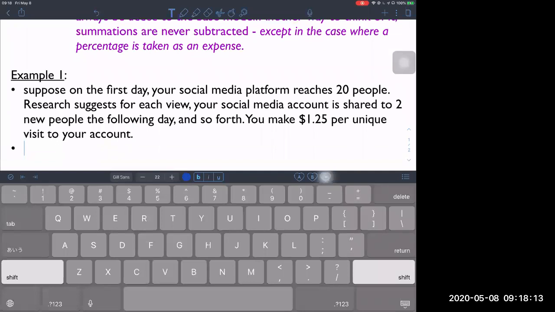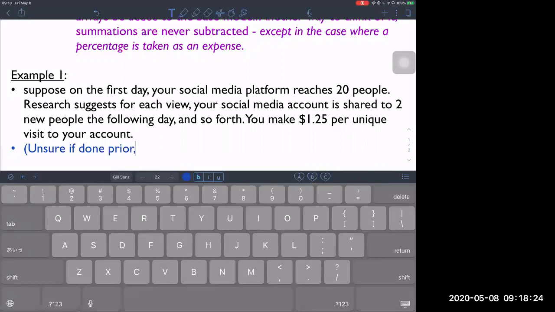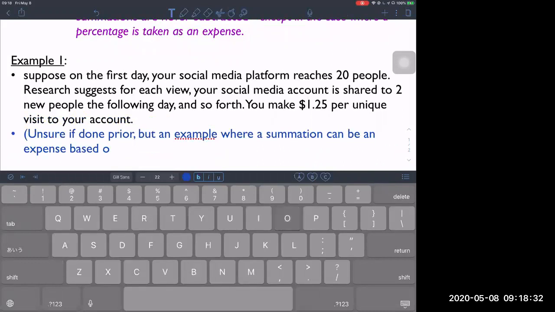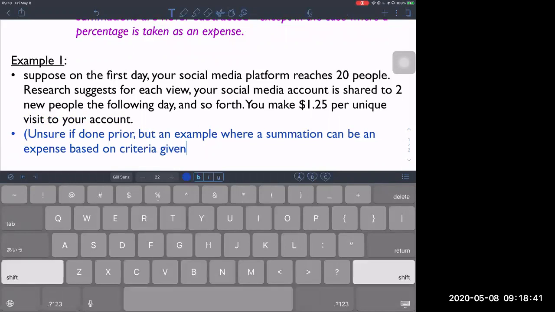The unique part that I wanted to write here, and I'm going to type it in navy, I'll put it in parentheses first, is an example where a summation can be an expense based on criteria given.